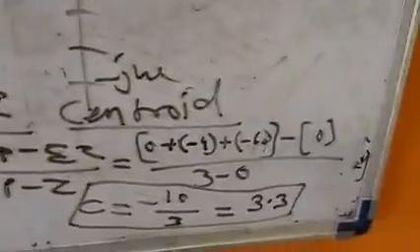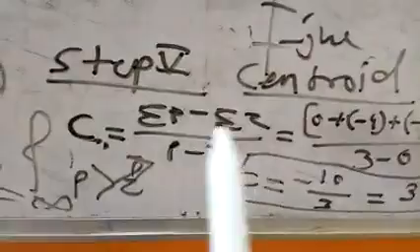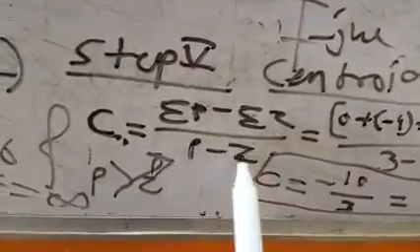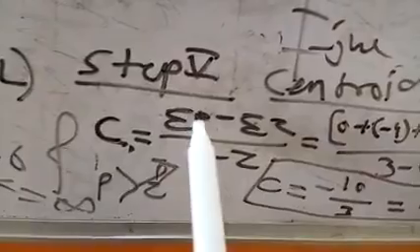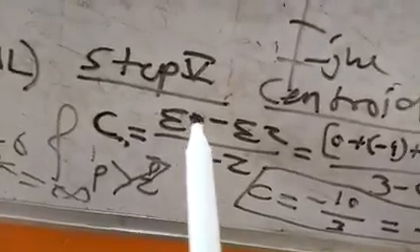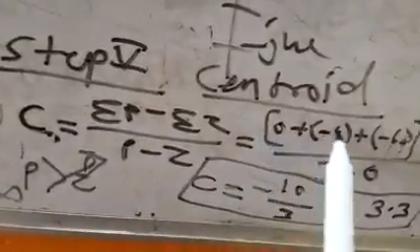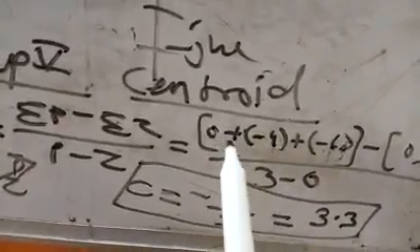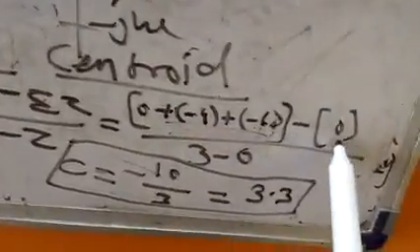Next point is the centroid. The formula for centroid is C is equal to summation of poles minus summation of zeros, divided by the number of poles minus the number of zeros. The summation of poles means all the pole points. For example, in this example there are three poles: 0, -4, -6. So combine all these points. If there are imaginary roots, such as -4 plus j, -4 minus j, then whatever your poles are, you write them here and combine them, minus the summation of zeros.